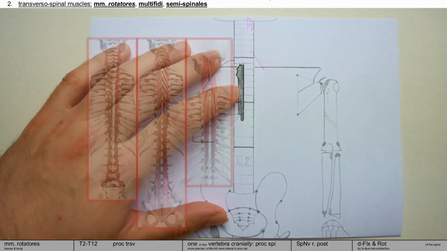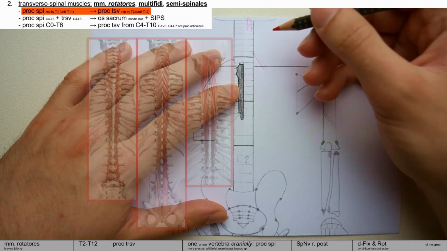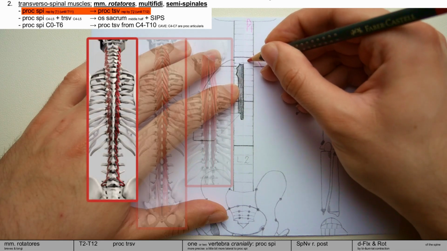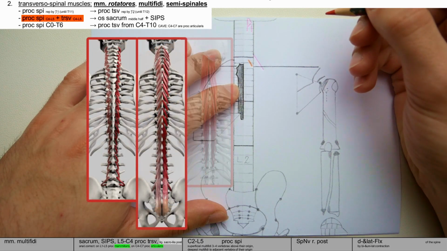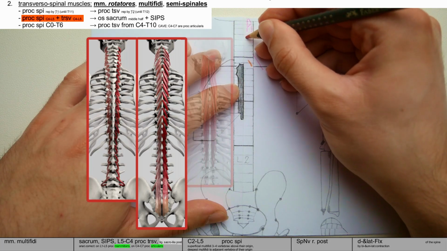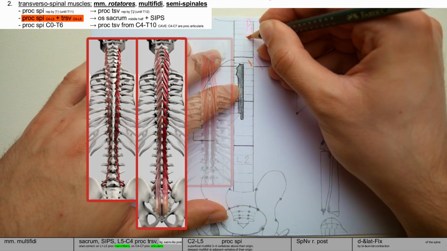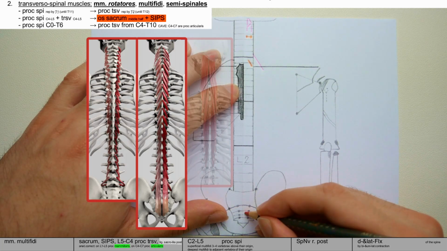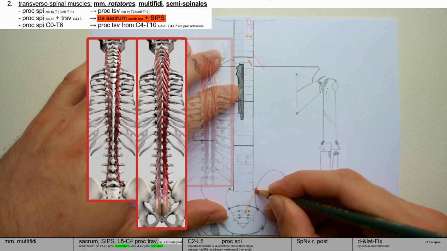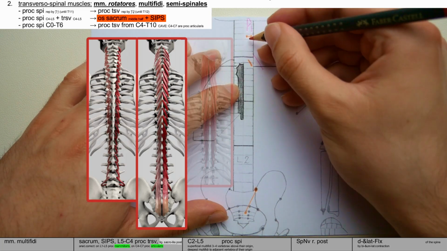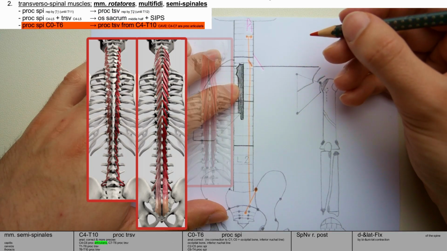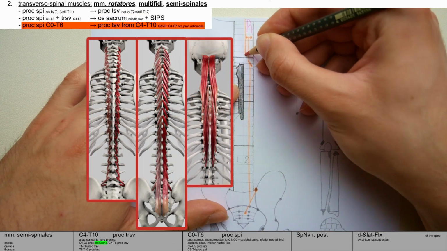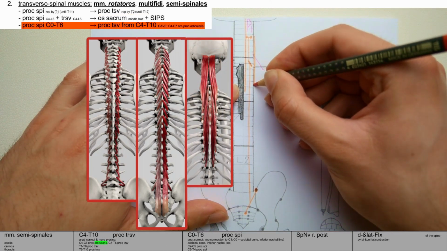The deep layer of the deep back muscles consists of musculi rotatores, musculi multifidi, which connects to processus spinosus and transversus from C4 to L5, as well as to the os sacrum and spina iliaca posterior superior. And finally, musculi semispinalis, which covers the cranial half of the spine.